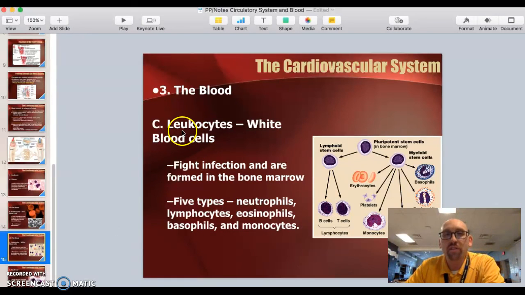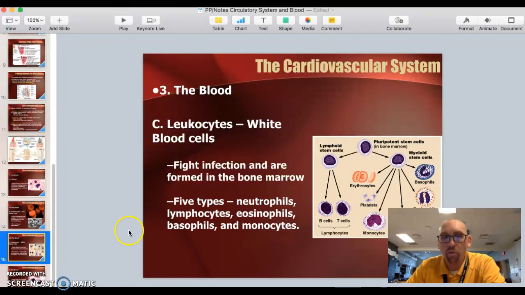Then you also have leukocytes, which you can write as white blood cells. These are the ones that really fight infections. These are made in your yellow bone marrow in the skeletal system, and you have lots of different types of white blood cells that all target different types of viruses and germs and anything else that gets in your body.